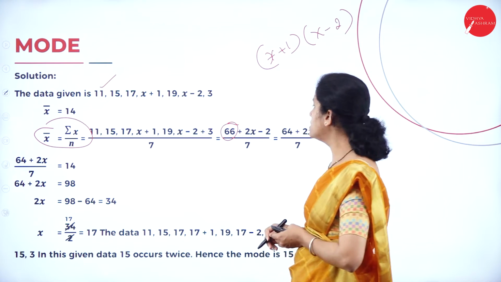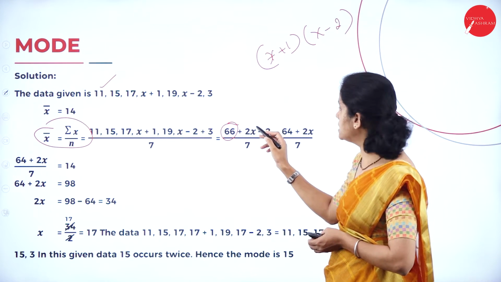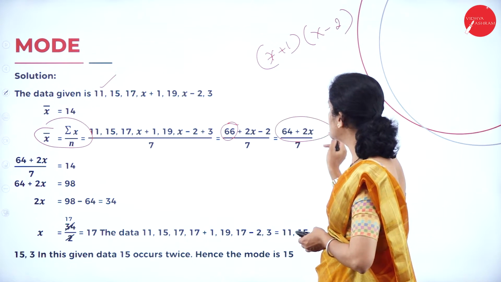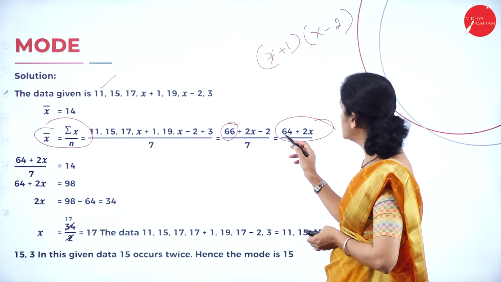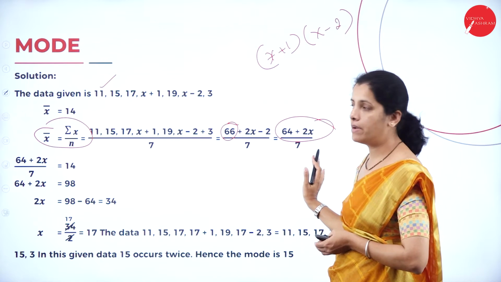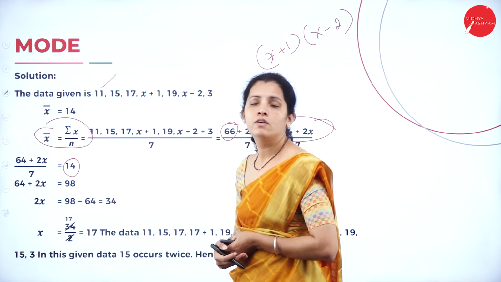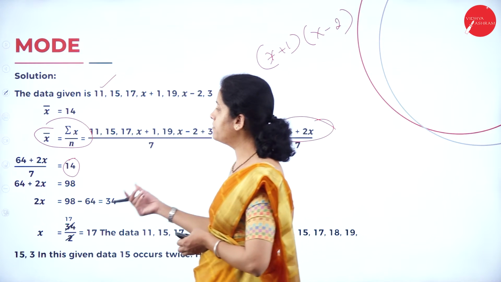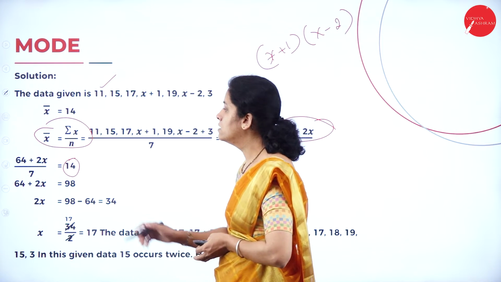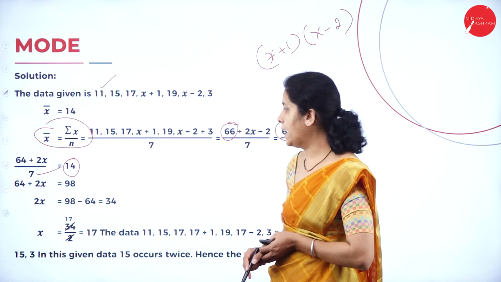When I simplify this one, I'll get 66 plus 2x minus 2. Further, if I simplify, I'll get (64 plus 2x) by 7. And what is the given mean? It is 14. So here I'll simplify further: 64 plus 2x. And when I multiply, I'll get the answer 98.